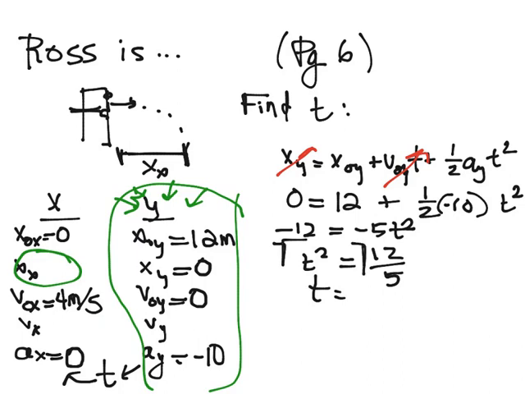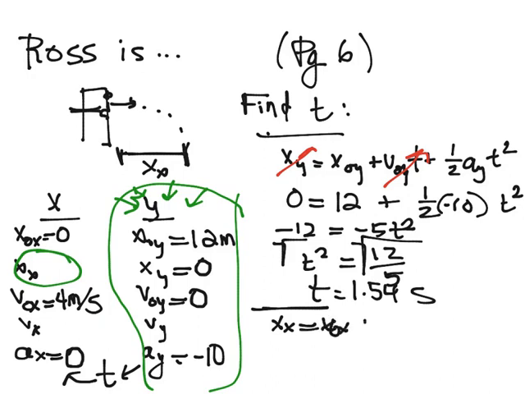Then I take the square root of both sides. When I do that, I end up with about 1.54 seconds. So I found t. Now I can use that in the x direction. And actually, because I want xx at the end, I can use the same equation. So xx equals x naught x plus v naught x t plus 1/2 ax t squared.